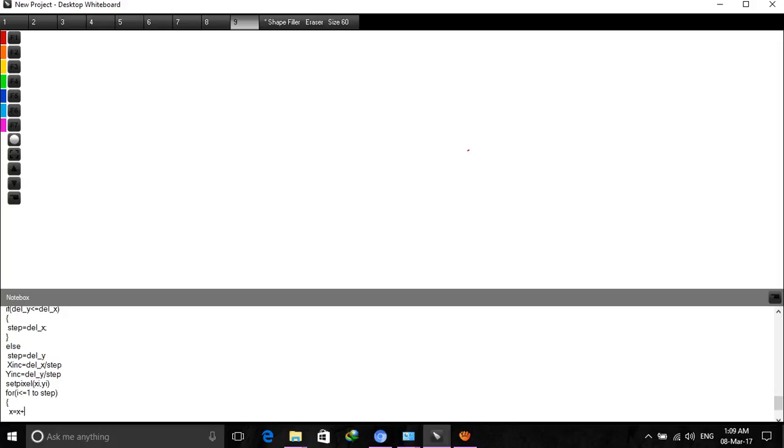X equal to x plus x increment, and y equal to y plus y increment. Now set pixel x comma y, and this is running in a loop. The algorithm stops here.